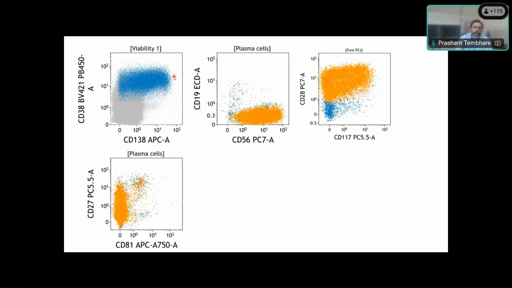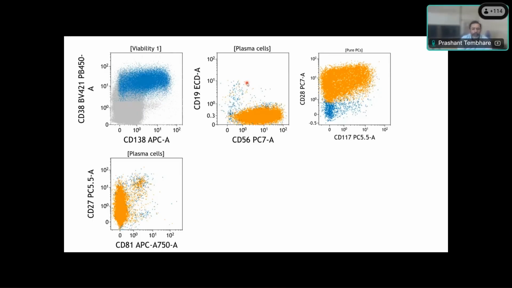Now, when we look at plasma cells, we want to differentiate normal from abnormal plasma cells. Normal plasma cells, as you can see here, are positive for CD19 and usually negative for CD56. Not always, usually.